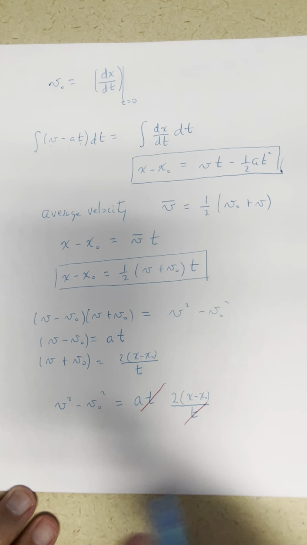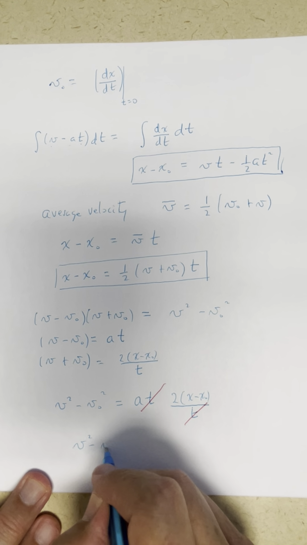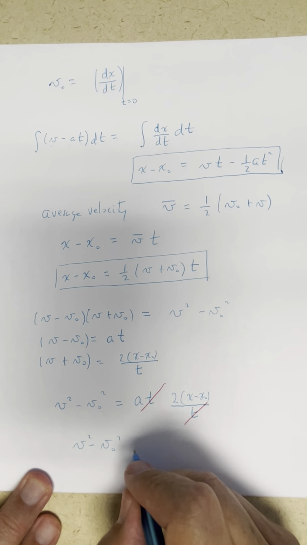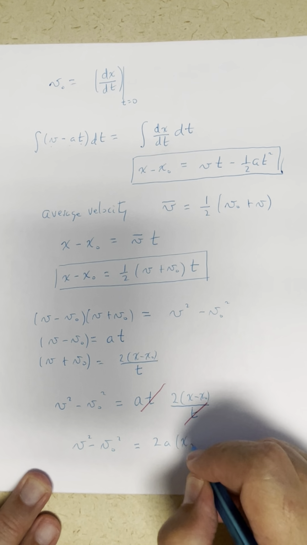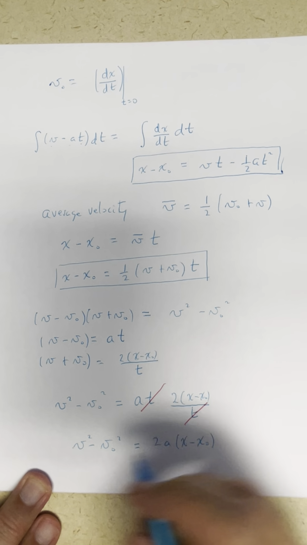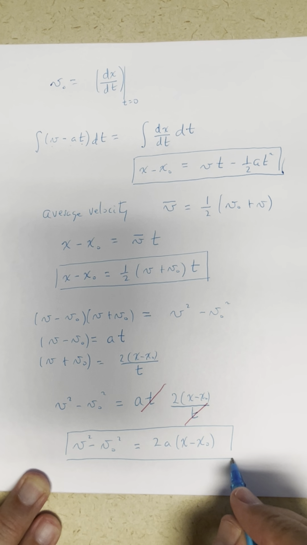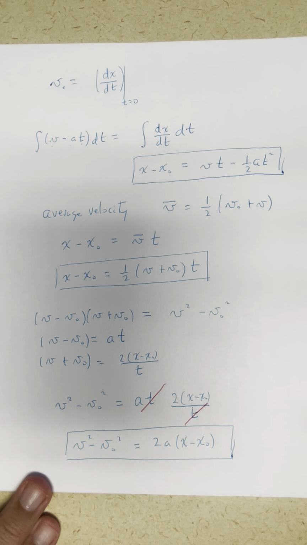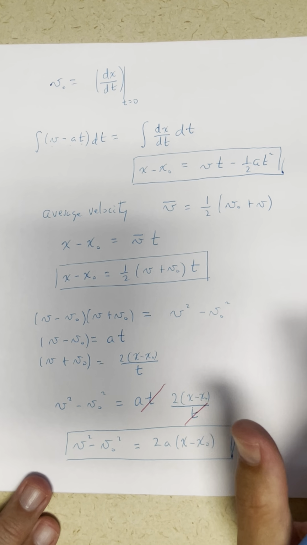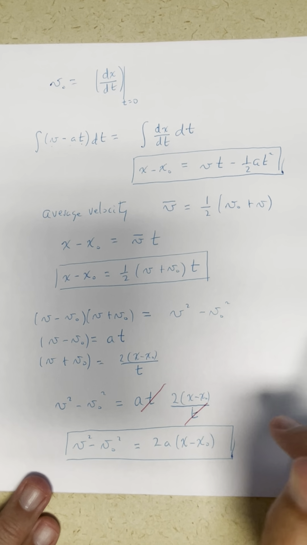And so we have our last equation of kinematics. V squared minus v0 squared equals twice the acceleration times x minus x0. There we go. If the acceleration is constant, then these five relationships connecting time, position, velocity, and acceleration are all true.